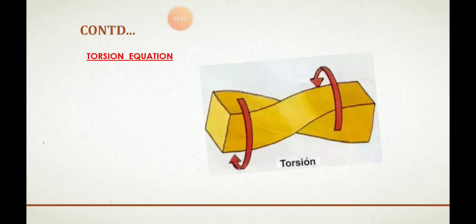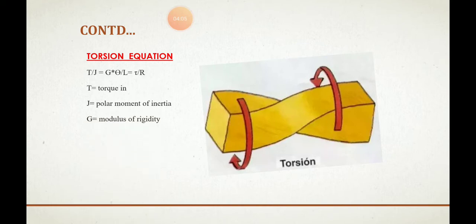The governing equation for torsion is given by T by J equals G theta by L equals tau by R, where T is the torque in Newton mm, J is the polar moment of inertia, G is the modulus of rigidity, theta is the angle of twist, L is the length of the shaft, tau is the shear stress, and R is the radius.